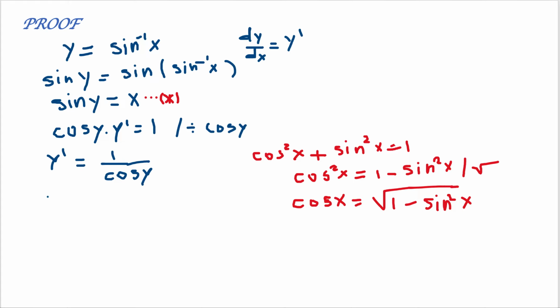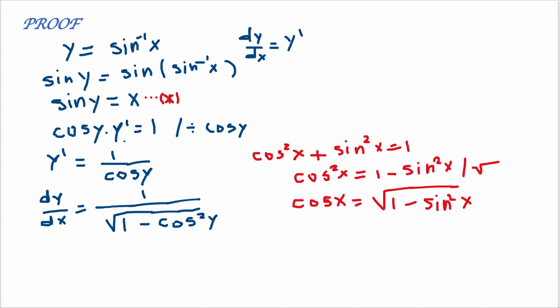It looks a little bit fancier, but it doesn't make any bigger difference; it just looks a little different. So dy dx is equal to 1 over, instead of the cosine y, I am writing its trigonometric identity, 1 minus sine square y. Okay, sorry for the mistake in the earlier step.